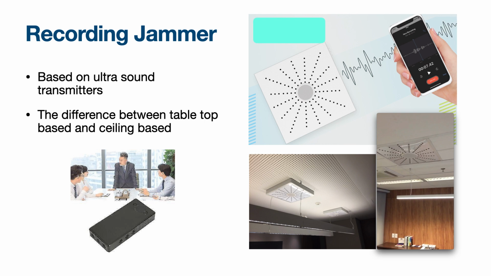The more transmitters that the device has, the more likely it is that it will block more microphone types. In the case of the ceiling model shown here, we had close to 100% success in jamming, but much less success rate with tabletop models.